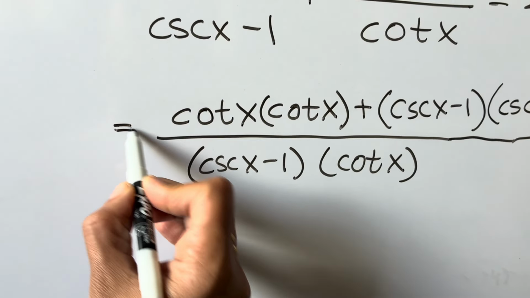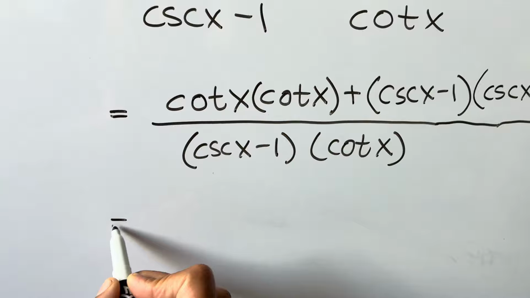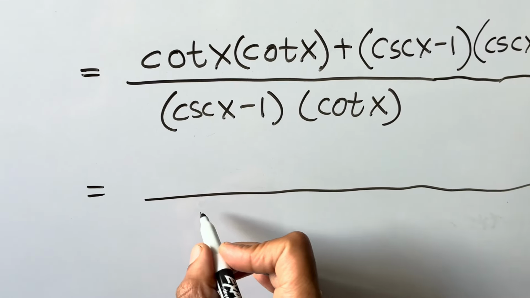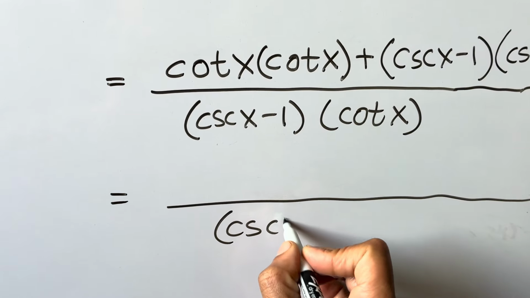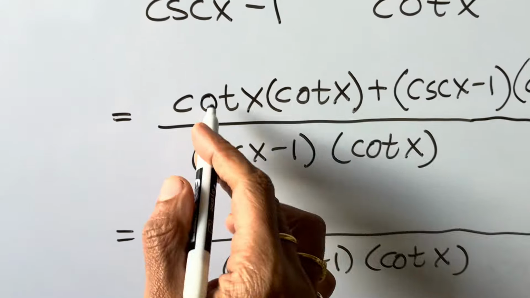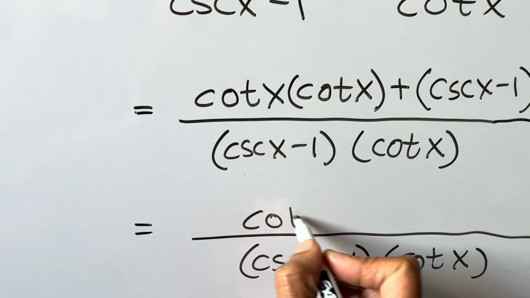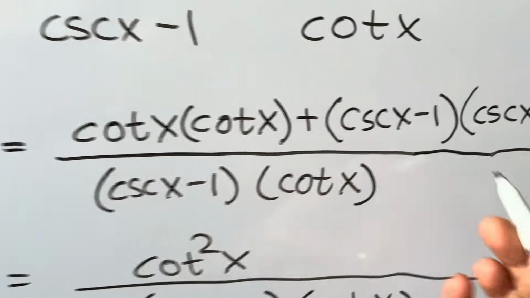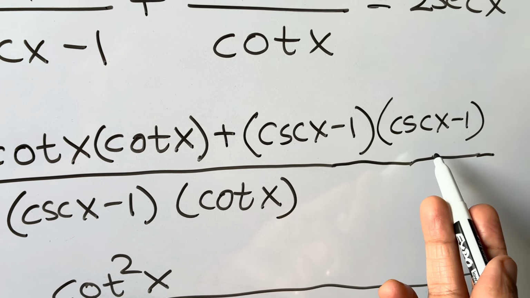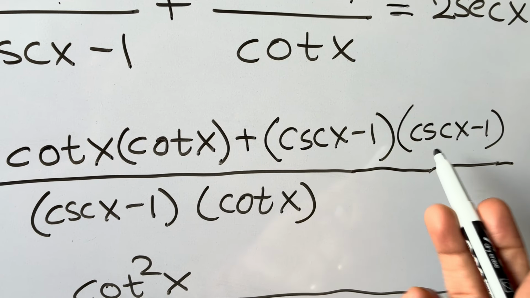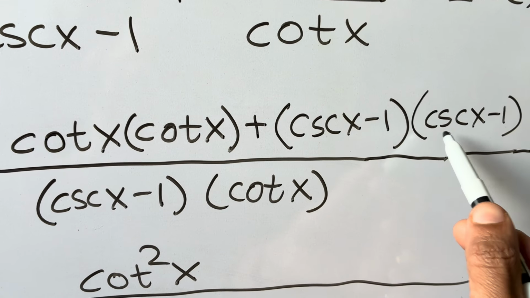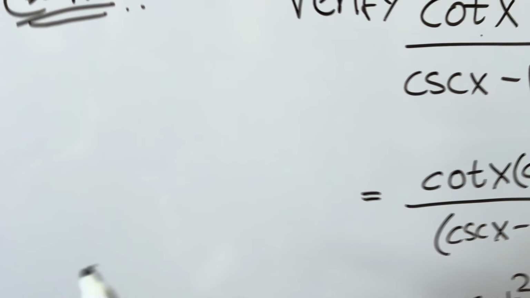When you take the common denominator, let's put the equal to sign on both the sides, and let's write down the common denominator here first. Cosecant x minus 1 times cot x, and cot x times cot x is nothing but cot square x, and here we have cosecant x minus 1 multiplied with cosecant x minus 1, which we need to multiply out on the side here.